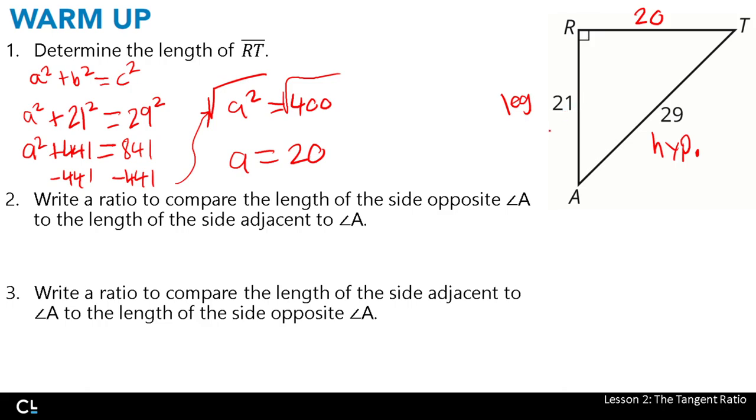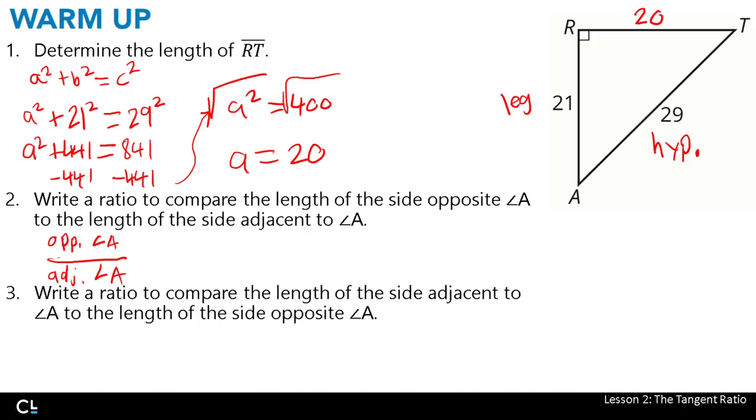The second warm-up question says, write a ratio to compare the length of the side opposite angle A to the length of the side adjacent to angle A. And when you see a ratio, guys, you could think fraction, right?